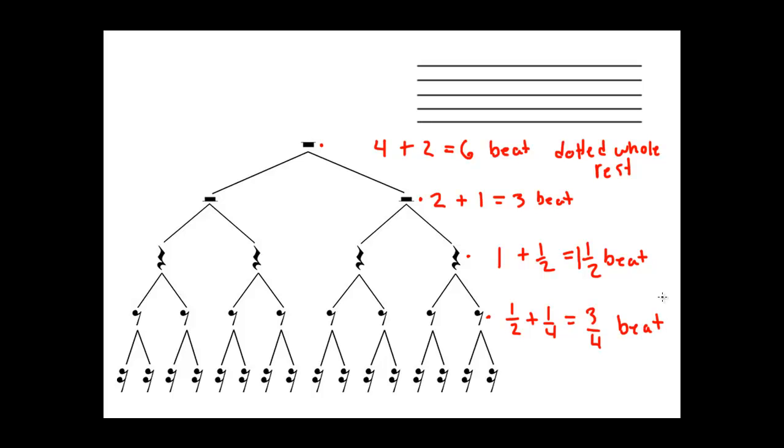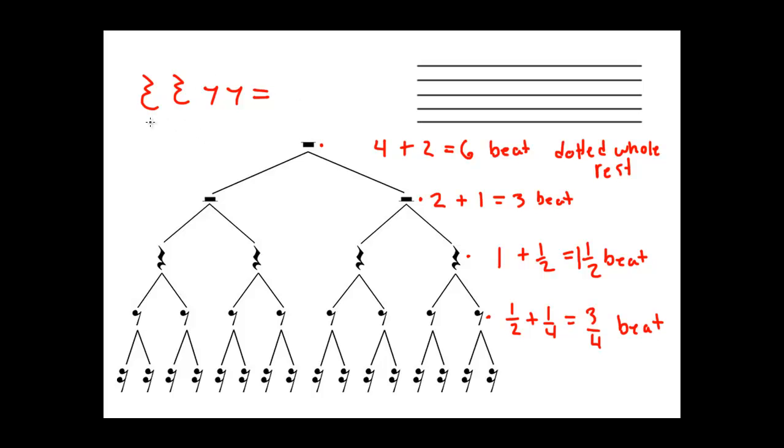We'll take a look at one example of putting rests together to equal that. Our musical equation will involve those rests, and we're going to add them all together to come up with one rest that is equal to all of those together.